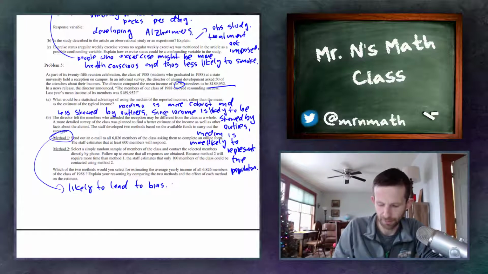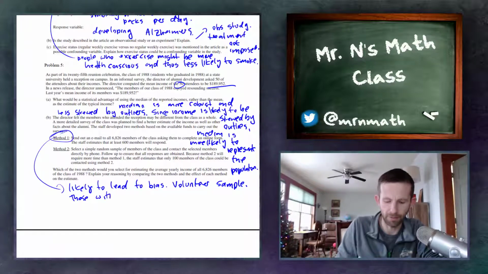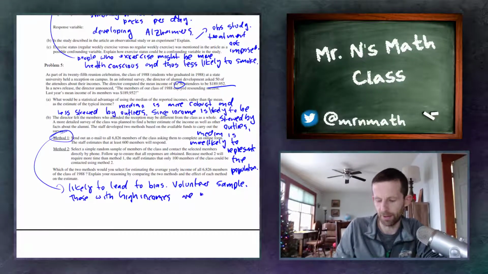It's a volunteer sample. Those with high incomes are more likely to respond.